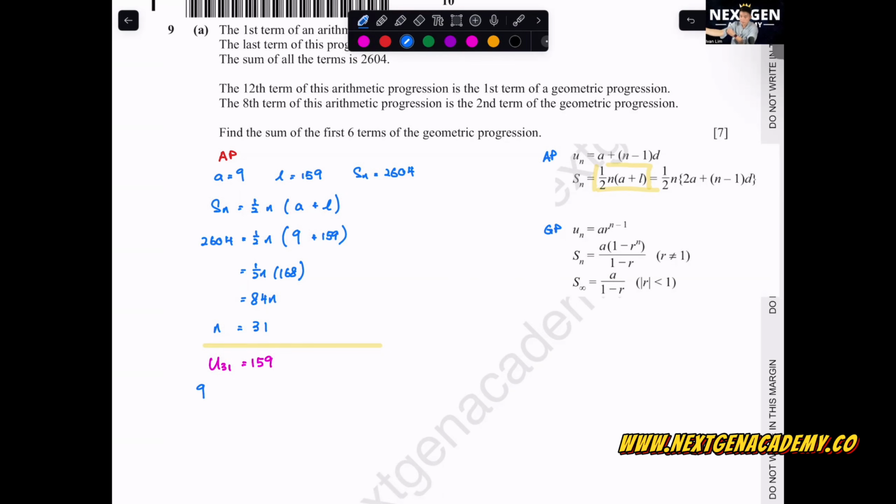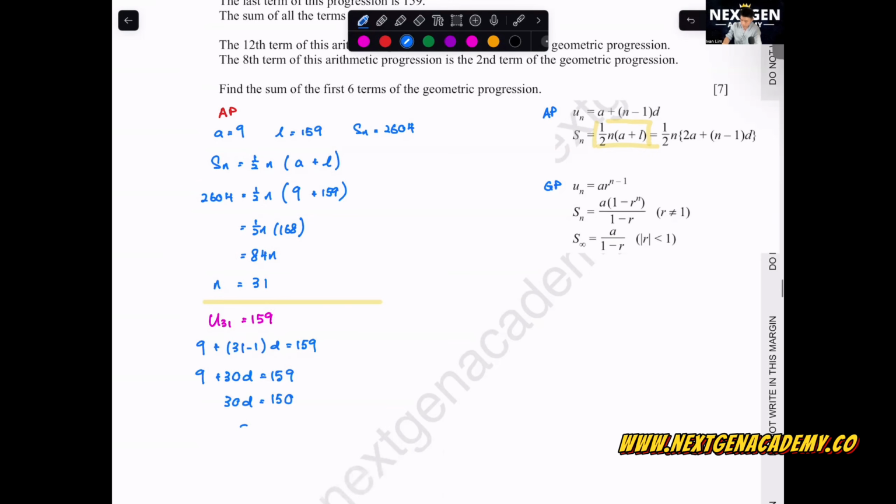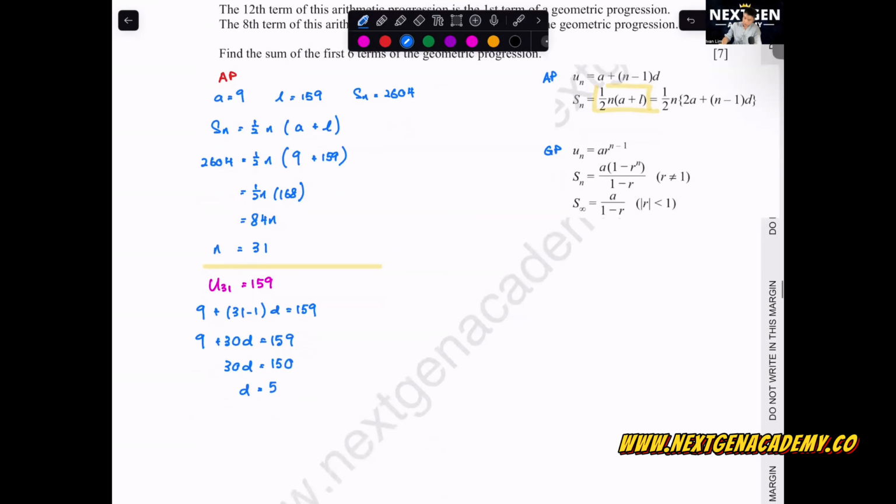Okay, 9 plus (31 minus 1)d equals 159. 9 plus 30d equals 159. 30d equals 150. d is equal to 5. Okay, so the main thing over here right now is that for the arithmetic progression, a is equal to 9, d is equal to 5.